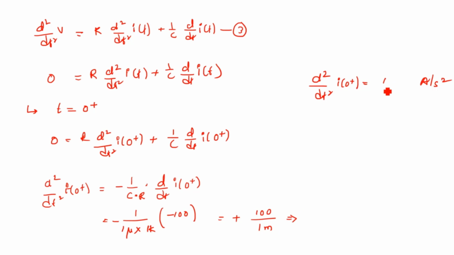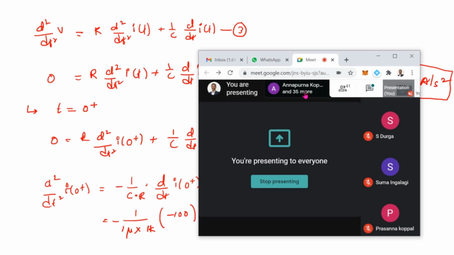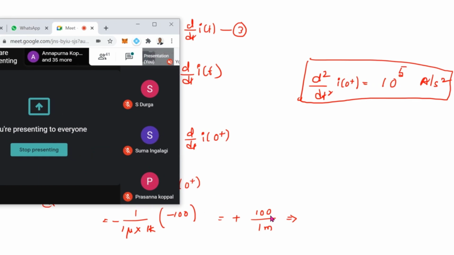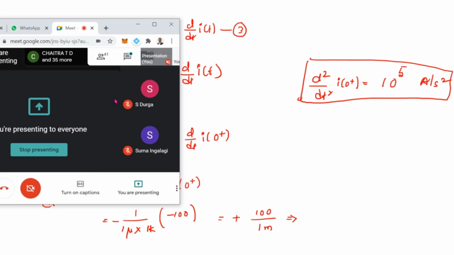So can I write this as 10 to the power plus 5 amperes per second square? Is that okay? Here 2 plus 3 is 5. d square by dt square of I0 plus equals 10 to the power 5 amperes per second square.